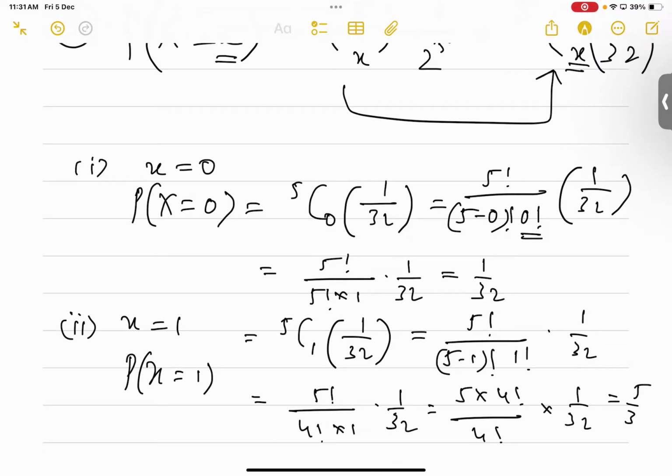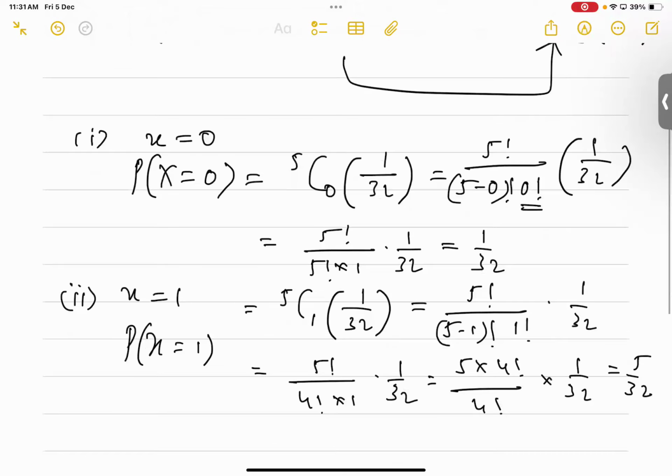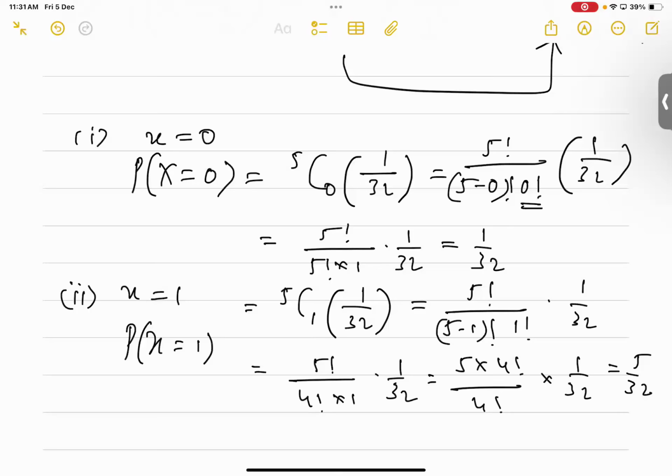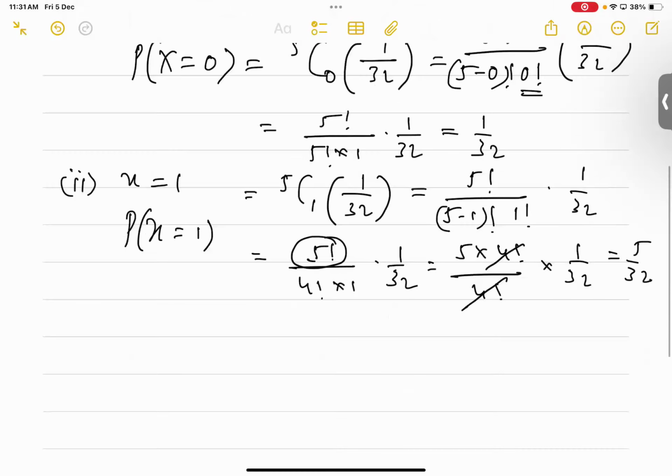So this is 5 upon 32. This is how we have to calculate. 5 factorial can be written as 5 into 4 factorial, and this got cancelled.